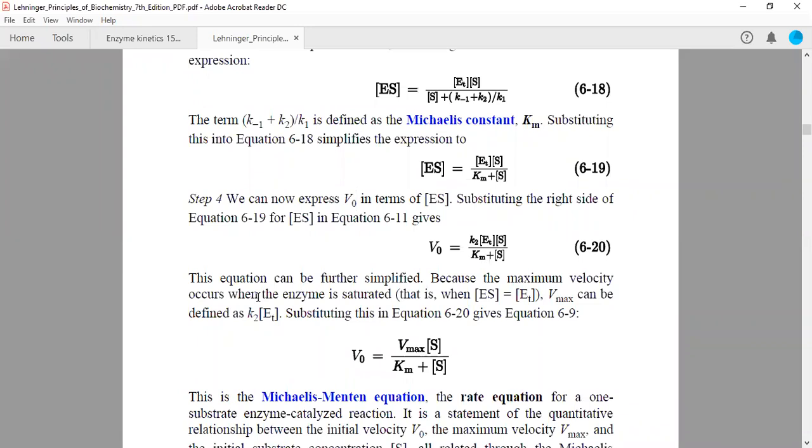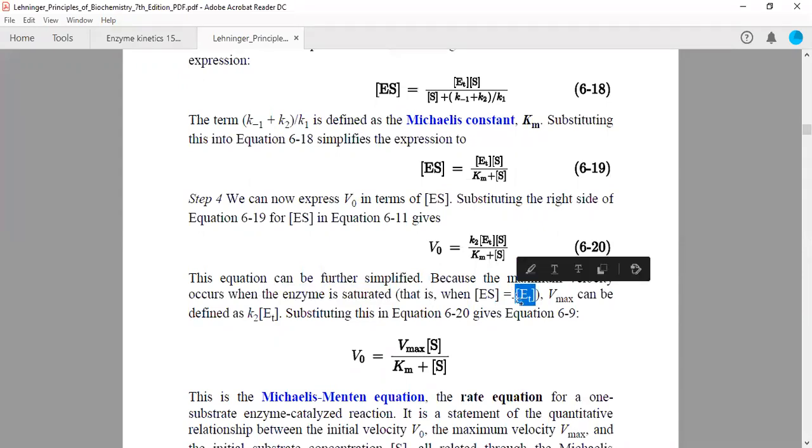So the maximal velocity, this equation can be further simplified because the maximal velocity occurs when the enzyme is saturated, that is when this enzyme substrate complex is formed. So this will be our Et actually.